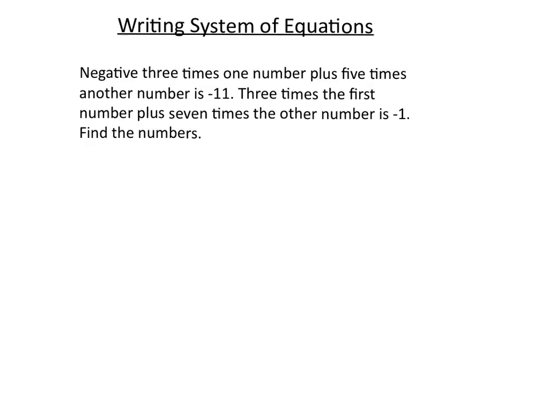So -3 times one number, which I'll call x, plus 5 times another number is -11. So again, I'm translating those words into numbers and symbols. And then the second sentence will go with the second equation. 3 times the first number plus 7 times the other number is -1.